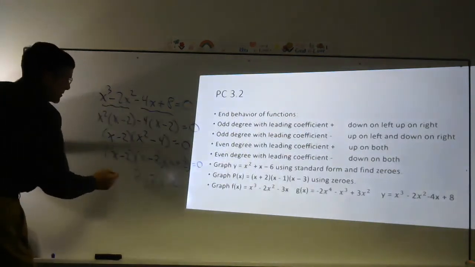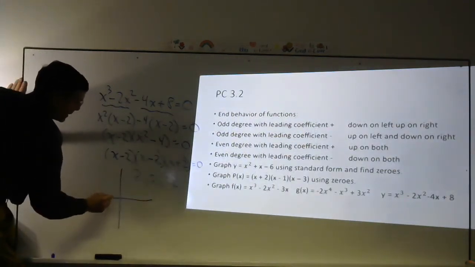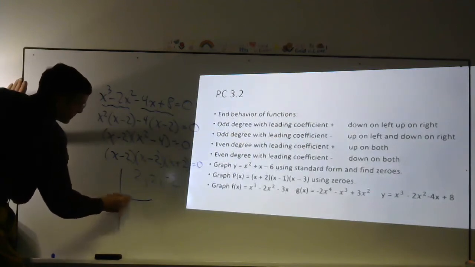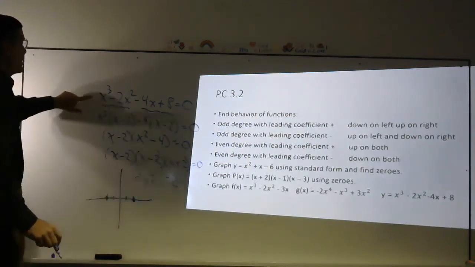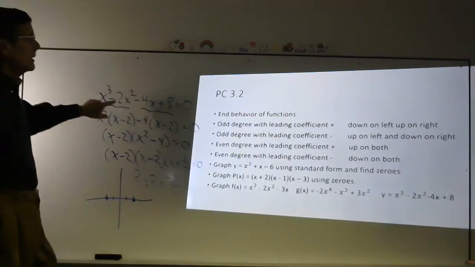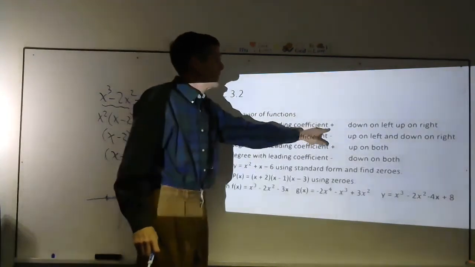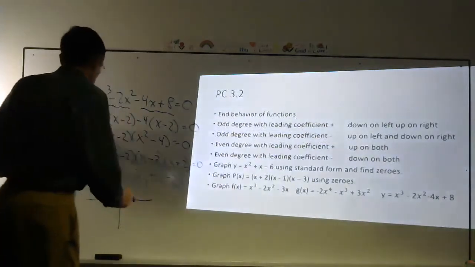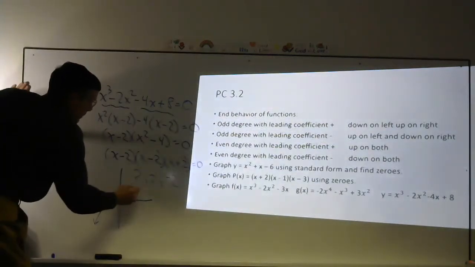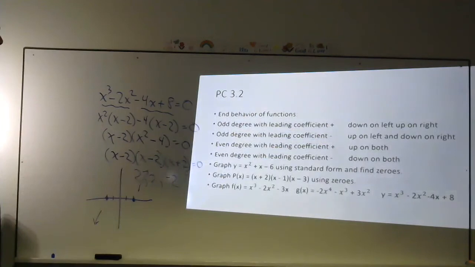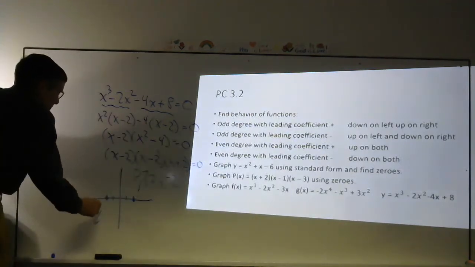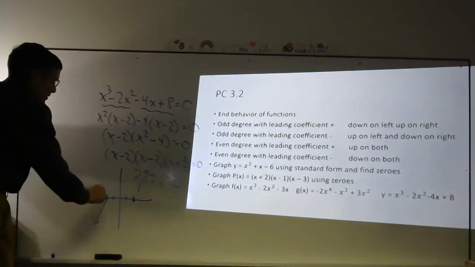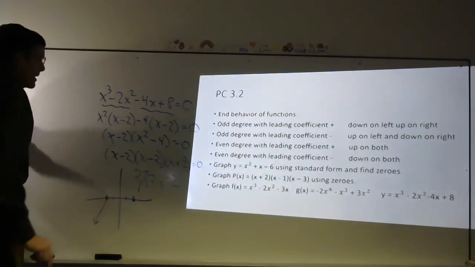Okay? So let's sketch it. So here we have negative 2 and positive 2. It's a cubic, positive cubic. Odd degree with leading coefficient positive. It should be down on the left and up on the right. Okay? Now, what else do we know here? When it comes up to negative 2, does it keep going up or does it bounce and go down below?